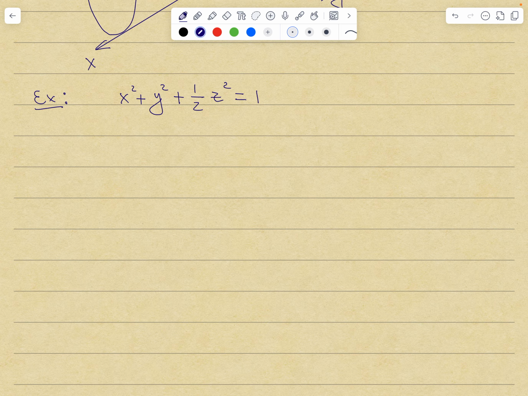But now you're multiplying z squared by 1/2, so that means that you somehow rescale the z-axis in the sphere, and that means that you're stretching or compressing the sphere along the z-axis, and instead of a sphere, you get sort of a squished or stretched sphere, whatever the case might be. And we need to try to reconstruct this shape as well as we can.